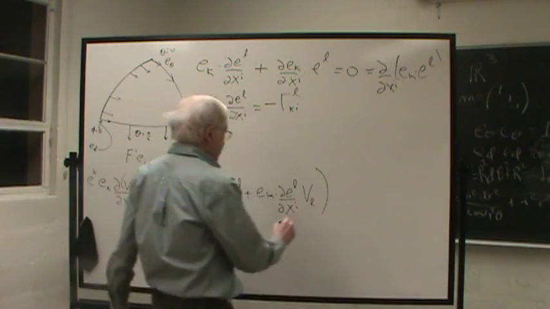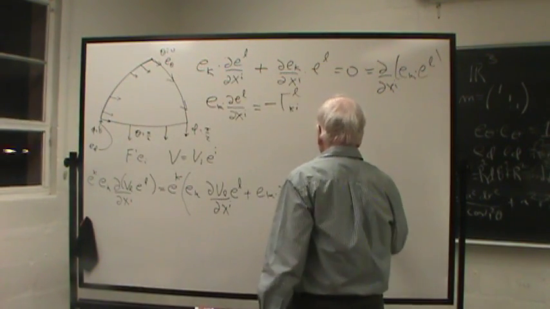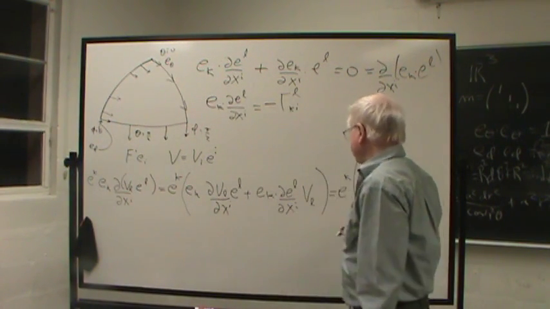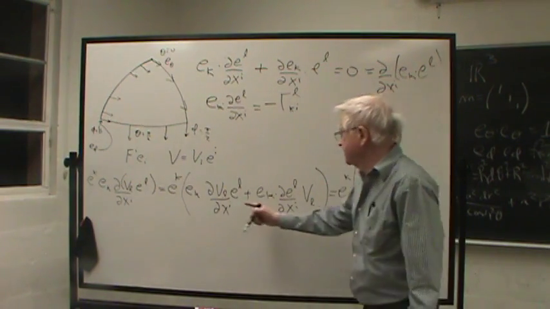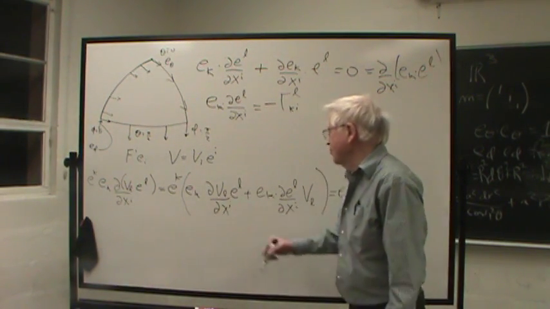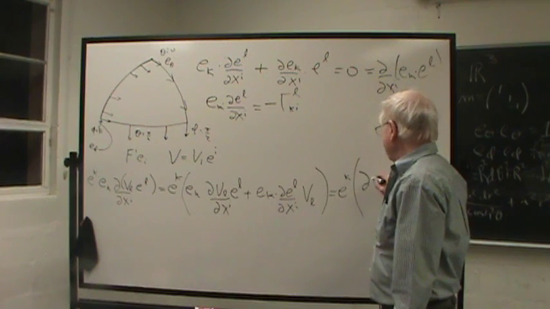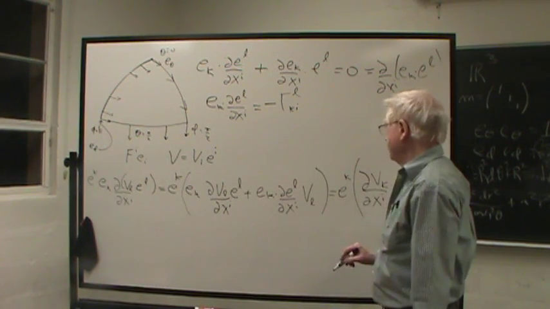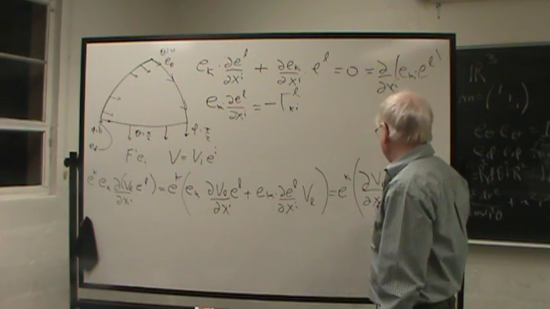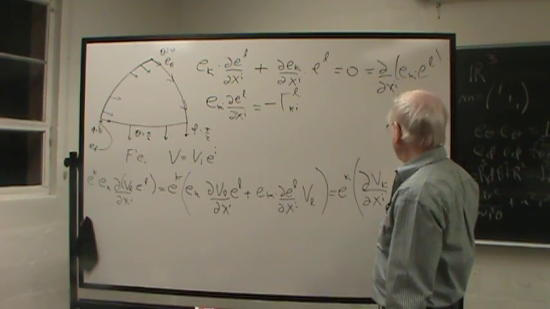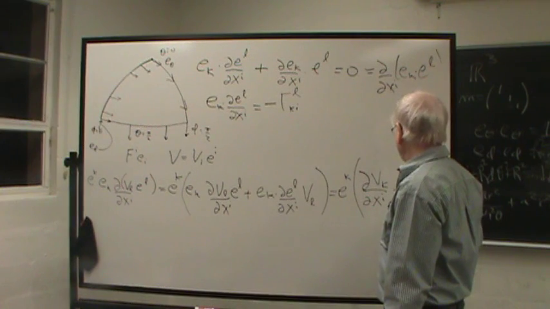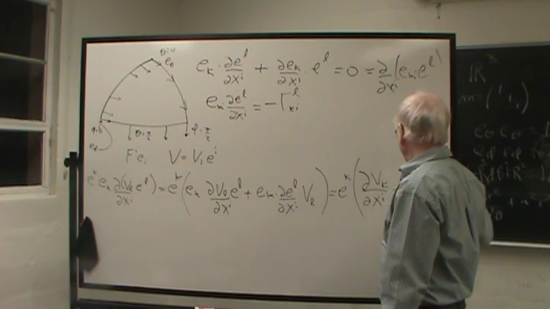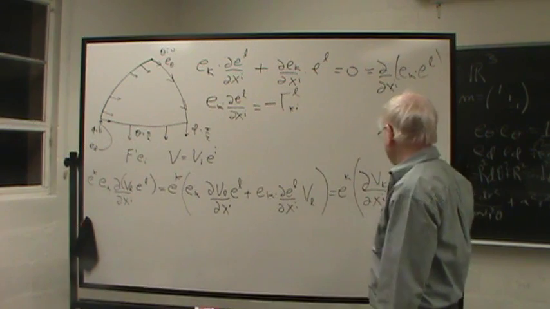And so this thing is then Ek, the Kronecker delta here, and the sum over L gives us partial Vk partial Xi. And then this thing gives us minus gamma LKI VL. Okay.